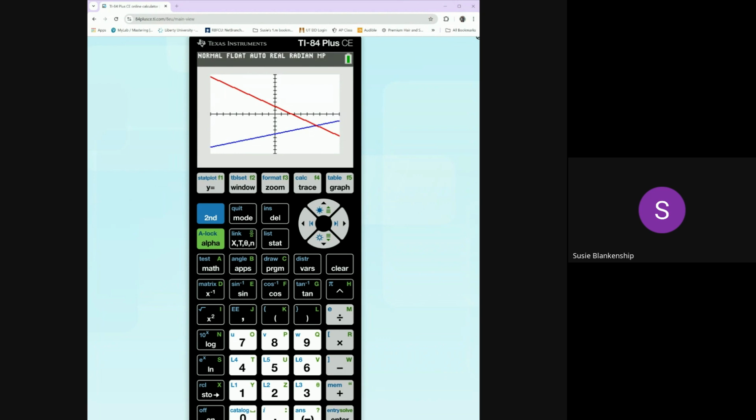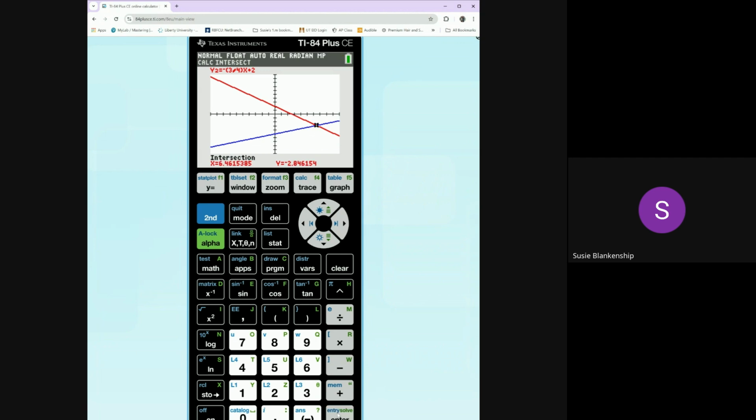We're going to go to second, trace, 5. There's my first curve. Ideally, you want to arrow over closer to the intersection, but you don't have to. As long as you see, I only have 2 curves. The first curve is the blue one. Yes, that's my first curve. Yes, the red is my second curve. When I hit enter, do I want to guess?